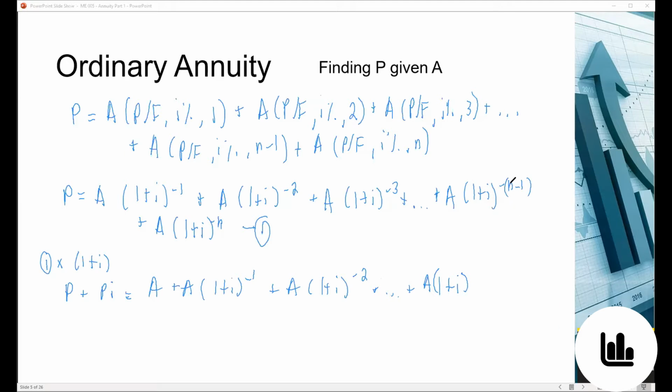Raised to, dahil N minus 1, tapos may 1 sa taas, ano? N minus 1, tapos may 1 sa taas. So, ano mangyayari?